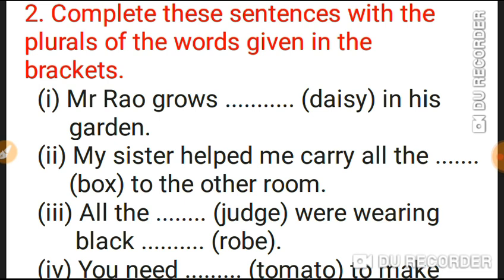If you see the last two letters of this word, they are S, which is a consonant, and Y. As you know, if a word ends with a consonant and Y, then we remove Y and add IES to make its plural. So its plural will be daisies.